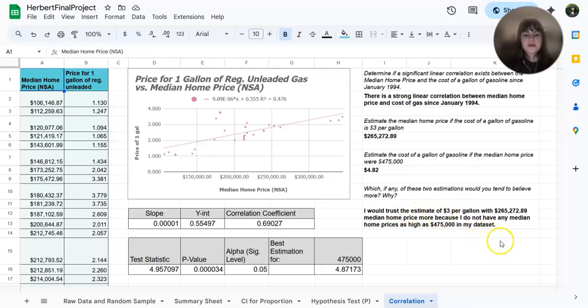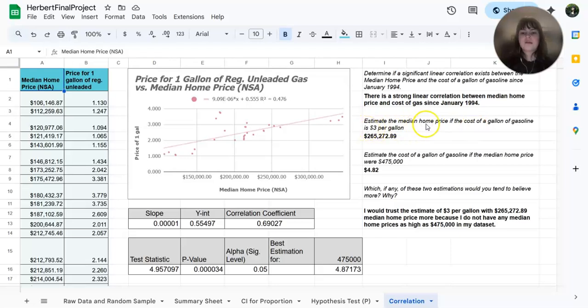And I did the correlation to get an R value of 0.69027, which leads me to believe that there is a strong linear correlation between median home price and cost of gas since January 1994.